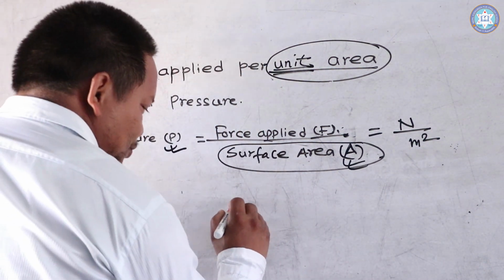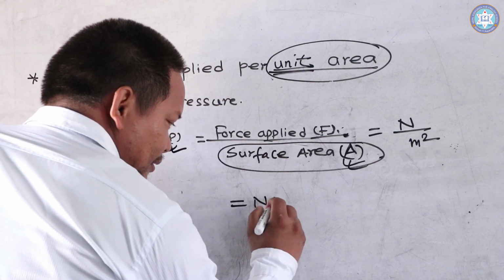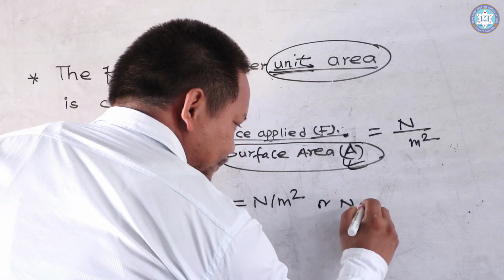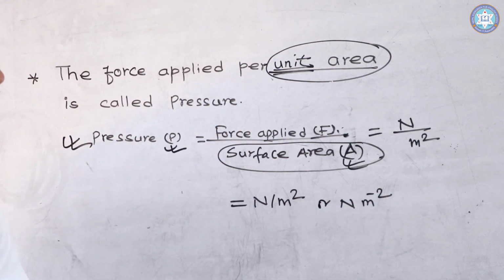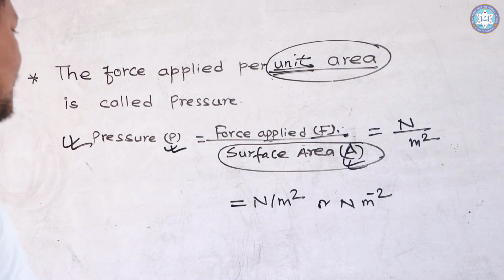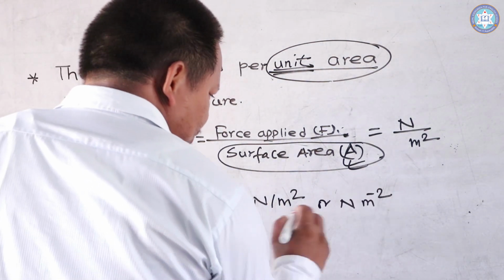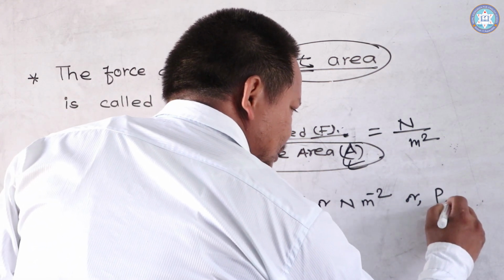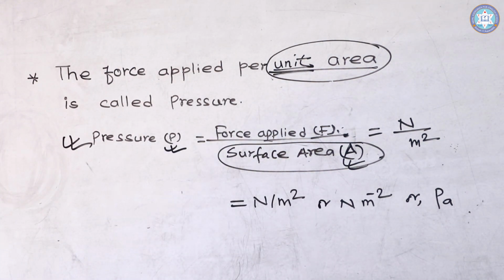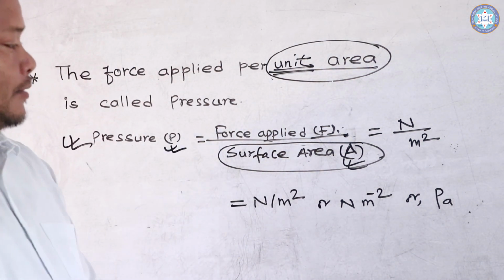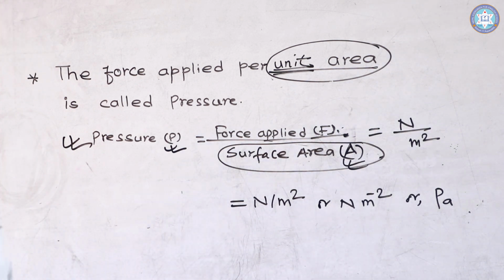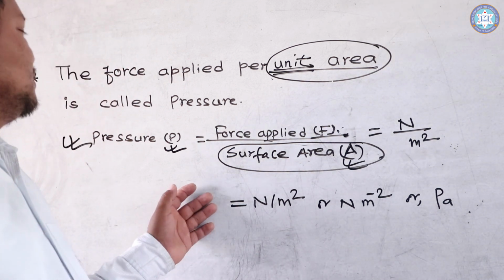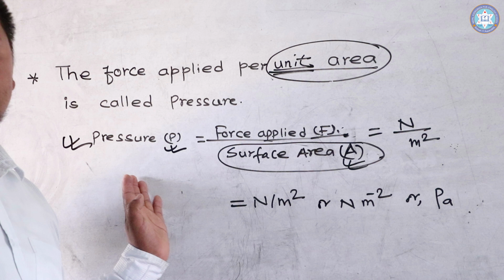So its unit is Newton per meter square, and it is also called Pascal, Pa, which is the name of a great scientist who worked on this pressure topic.